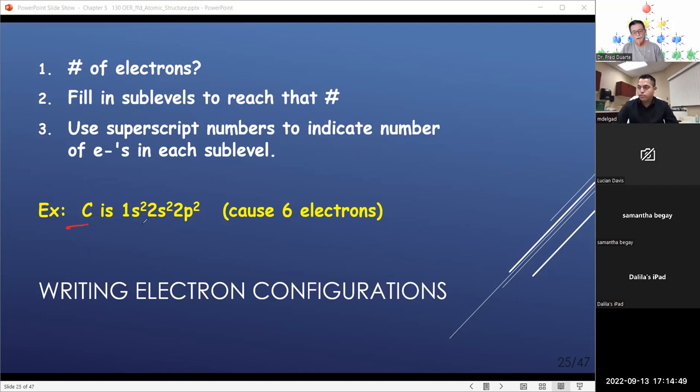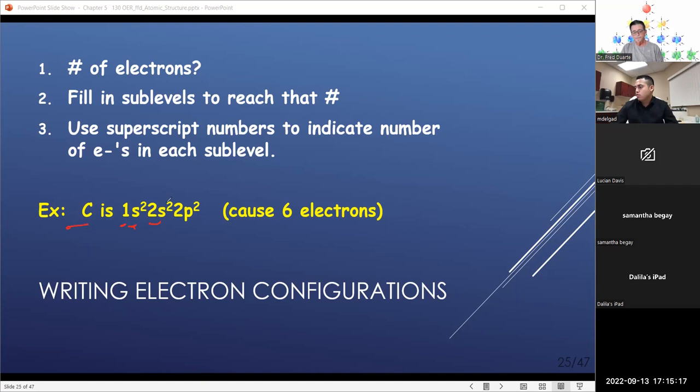Earlier I said the number is the energy level, the letter is the orbital, and the superscript represents the number of electrons. So 1s2 tells you it is the first energy level, with 2 electrons in the s orbital. Then the next energy level is 2s2.